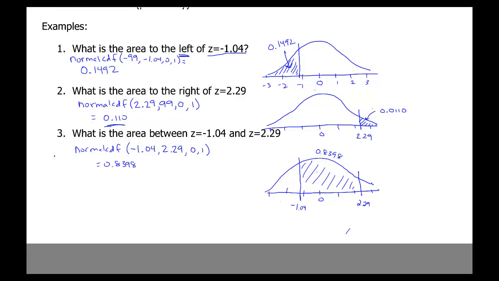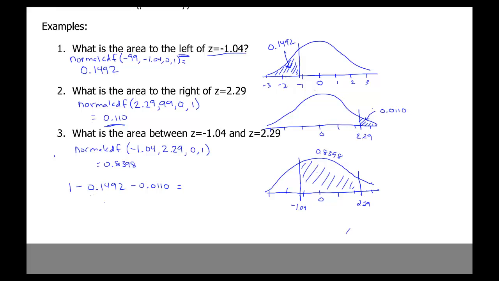So you'll notice that the area in the middle of these two values would be the same as 1 minus the 2 tails, which we just calculated. So the whole area is 1.